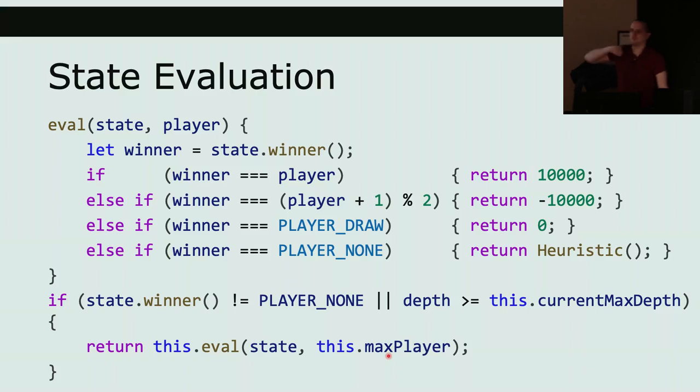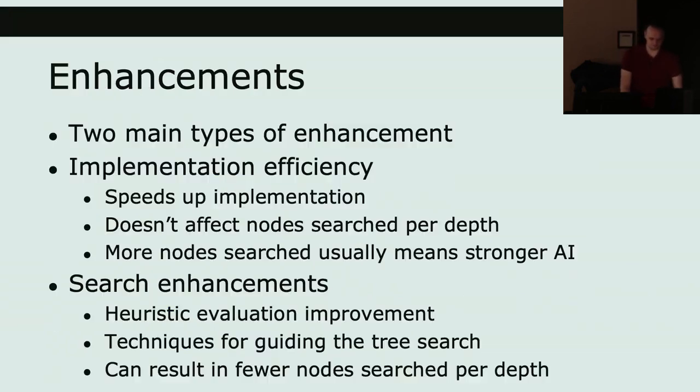So we have to say if the state is either terminal, meaning that the game is over, or we've reached our depth limit, that's when we do this evaluation. So those are just some quick notes on evaluation to try and clear up things before the assignment. Hopefully this will help clear up also some of the enhancements that we're going to talk about in this lecture.